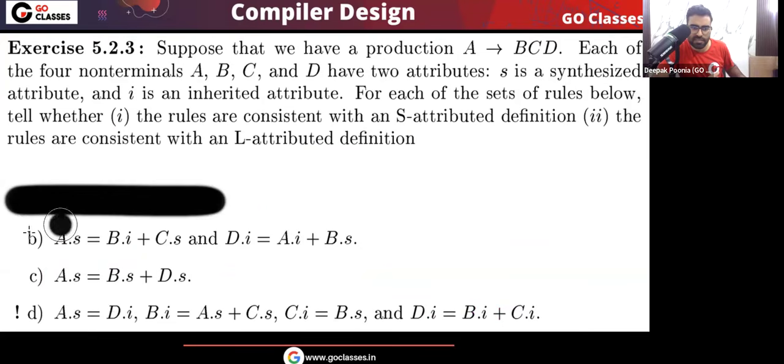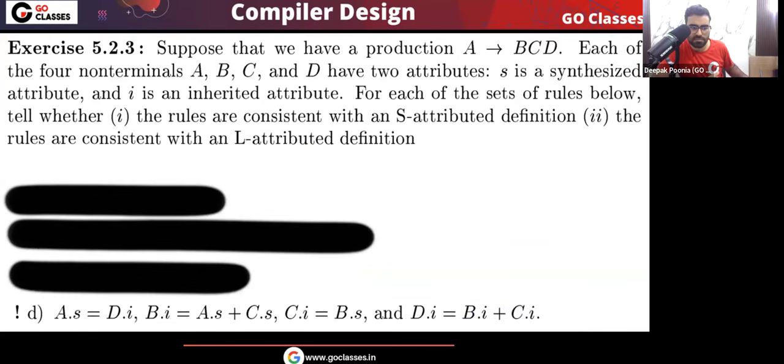The last option, let's check. In the last option, we have this rule, then this rule, then this rule, and then this rule. Basically 4 rules in this option D. Okay, so let's see quickly. You can notice we have this production A going to BCD.